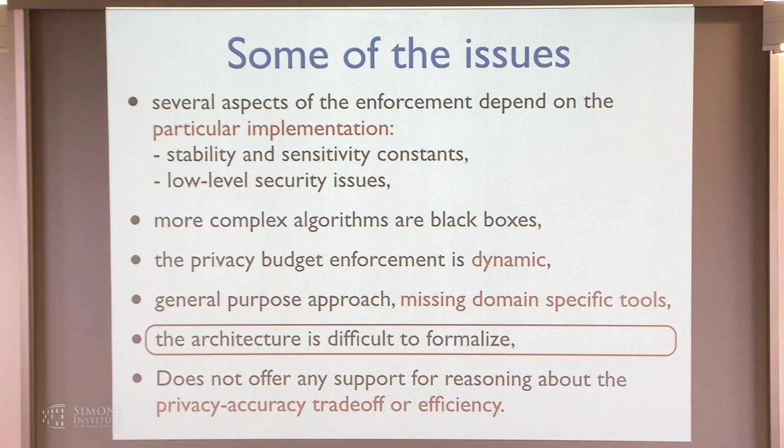So, in some sense, what I'm trying to say is that generality is not always the goal. Maybe by restricting, you have something that is less general, but more useful in another direction. Now, the other problem with this kind of Pink architecture is that it's difficult to formalize.